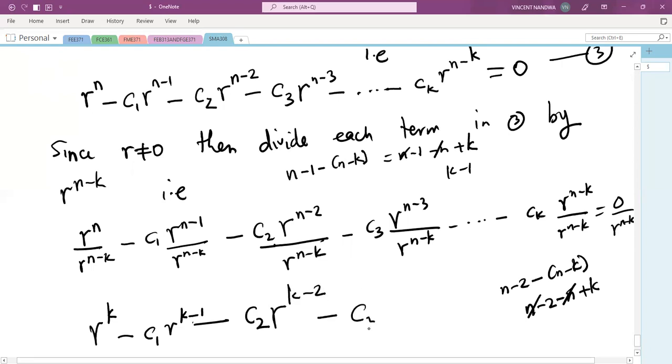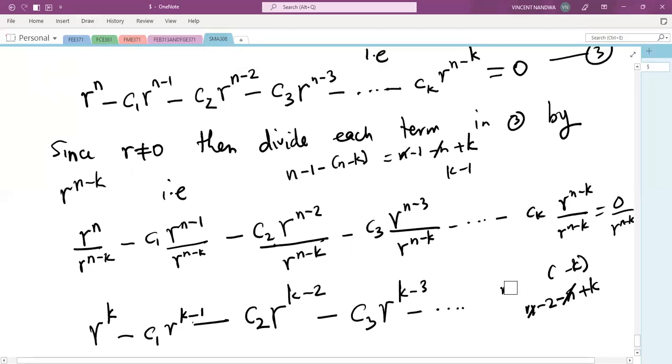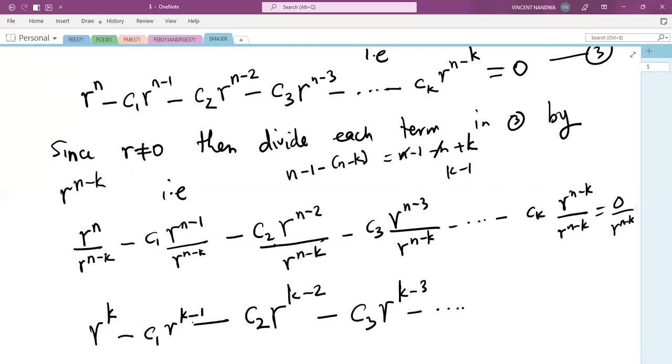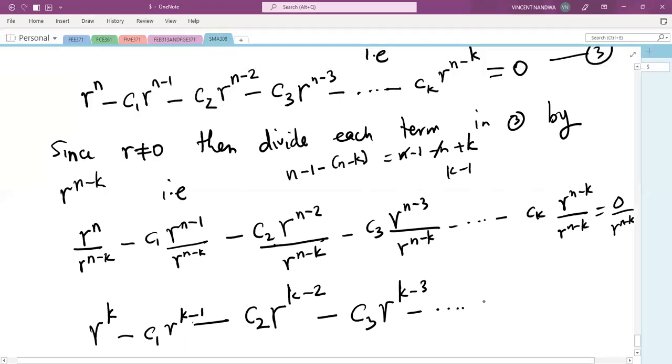Similarly, this other one will be r raised power k minus 3, minus other several terms, up to minus, so this one will just be ck because this and this is 1 equals to 0.